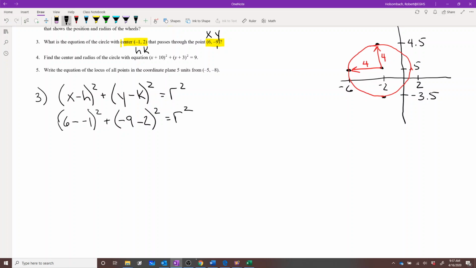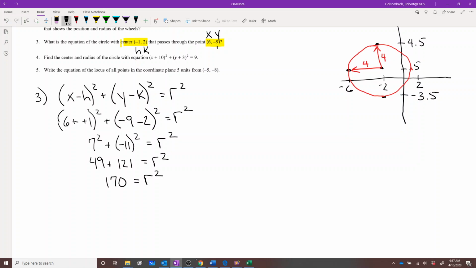So we're going to keep change here, and we got 6 plus 1, which is 7, so we got 7 squared plus -9 minus 2 is -11 squared equals the radius squared. So what we get is 49 plus 121 equals the radius squared, and when you add 49 to 121, we get 170 equals the radius squared.